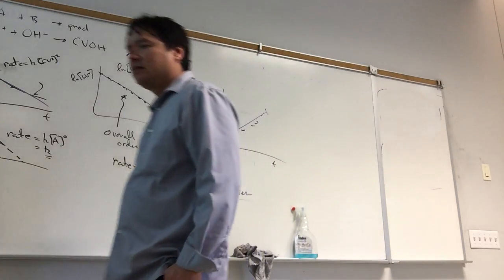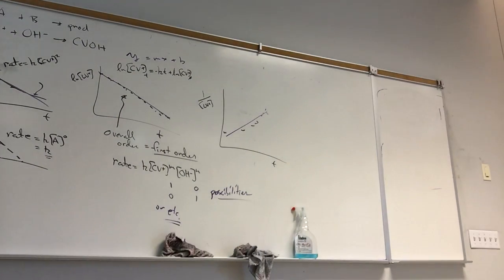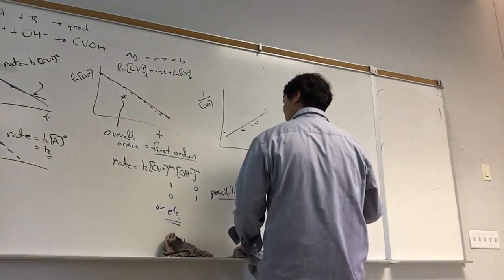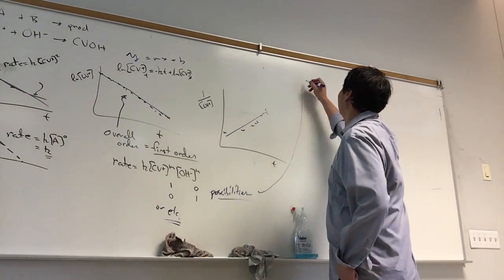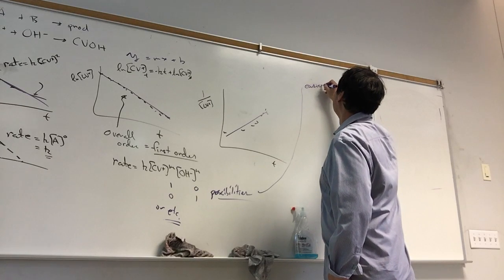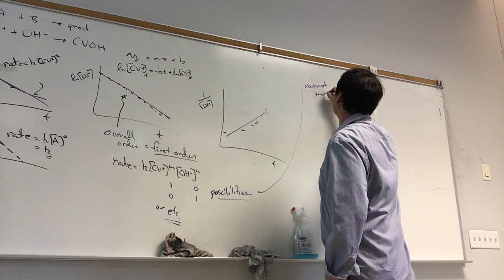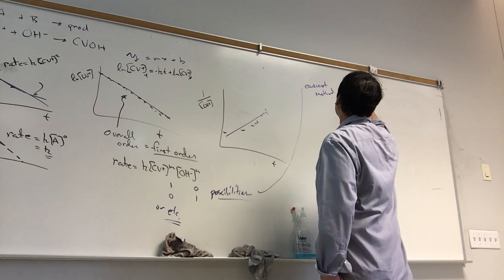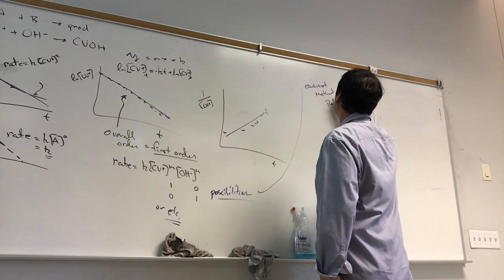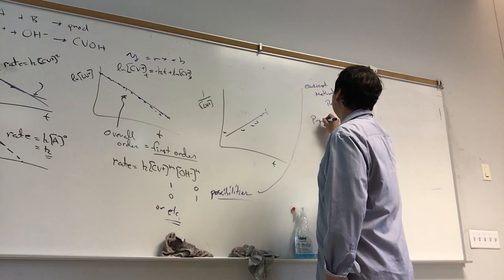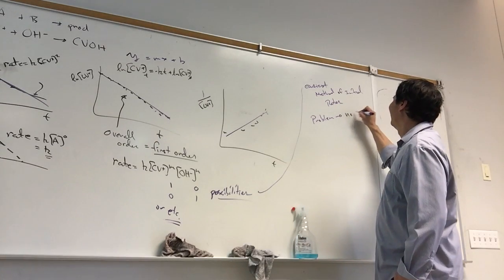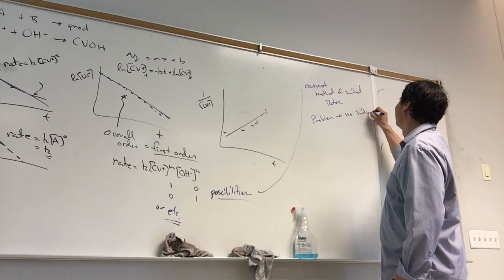For us, the method of initial rates isn't going to work. So the easiest, of course, would be the method of initial rates. But the problem is we have no initial rates. No initial rates were measured.